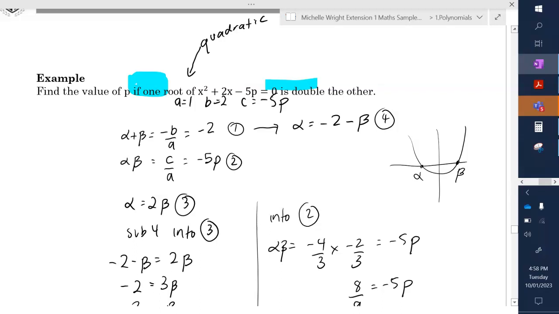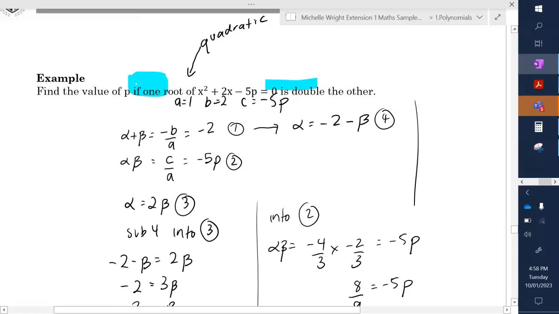If I was to then halve that value, I'd get my vertex in the center of those, which is my formula, minus b over 2a. So that does make sense when you think of it like that as well. And I might make a little note there for us that the vertex is minus b over 2a. And we can see how that differs on drawing a quadratic as well.